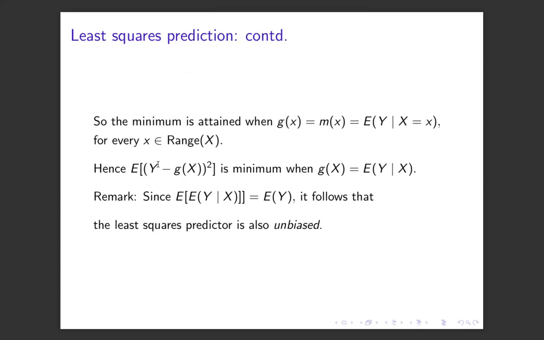So this result, translated into that language, says: if Y and X are square integrable, and you take the closed subspace of all functions measurable with respect to the smaller sigma algebra generated by X, then the projection onto that subspace is precisely the conditional expectation random variable. So naturally, it minimizes the distance.